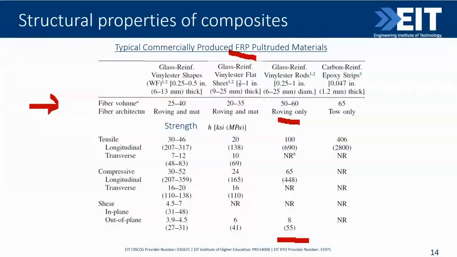What else can we see from here when we look, for example, at the tensile strength? Longitudinal is in the direction of the fibers, transverse is perpendicular to the fibers. So we see that the obtained material is highly orthotropic. It is very strong along the fibers and very weak in the transverse direction.